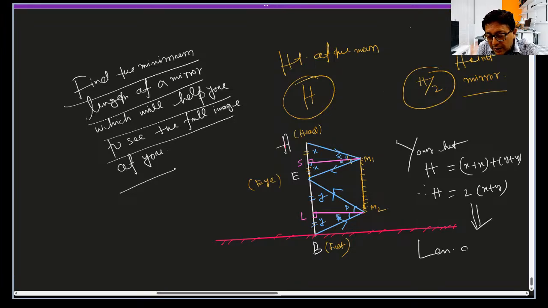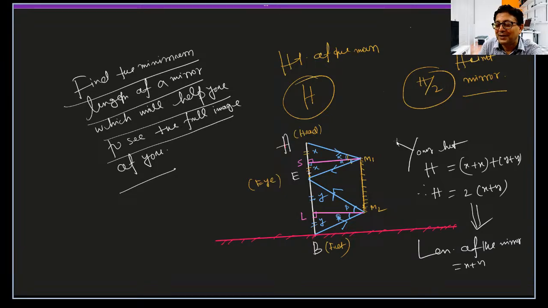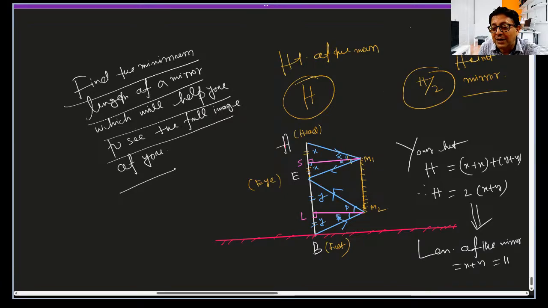Length of the mirror, quite obvious, everyone will say x plus y. Mirror length x plus y. So x plus y is half of h, h by 2. So if your height is 6 feet, you need a 3 feet mirror to see the whole person of you. Clear? Understood? Now take one homework based on this.